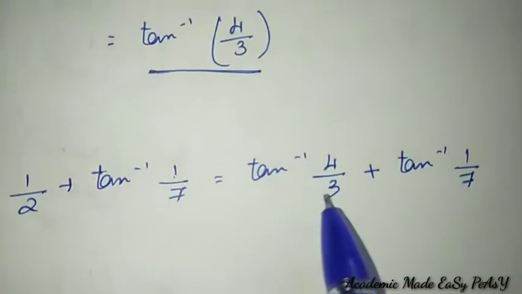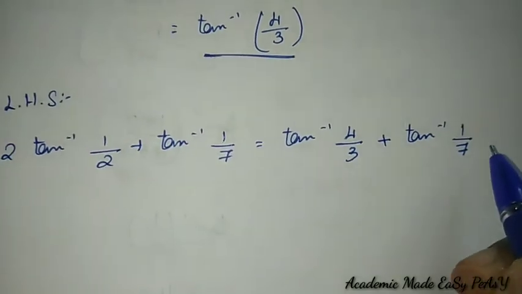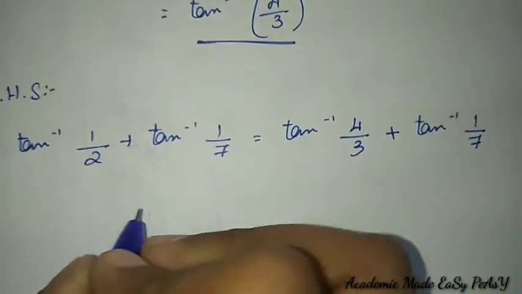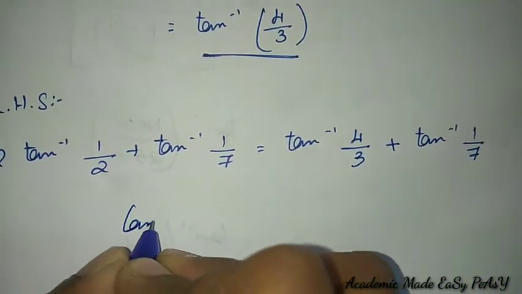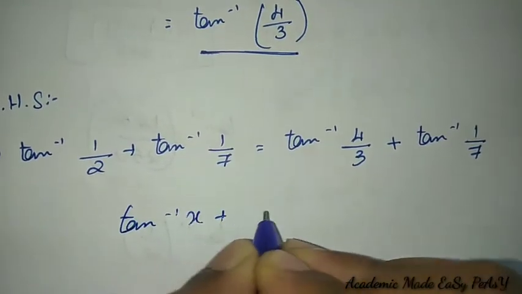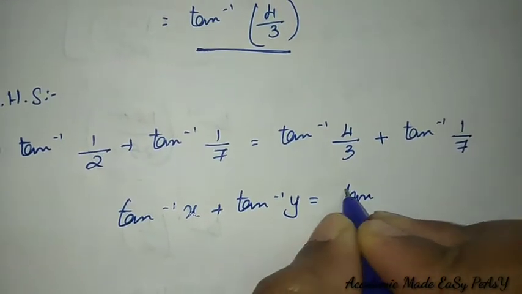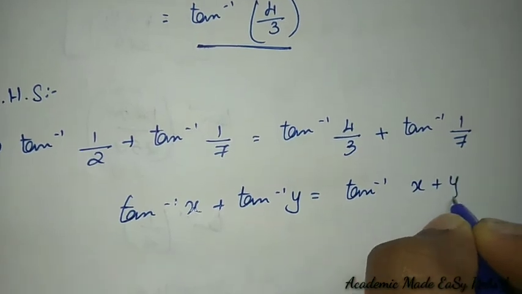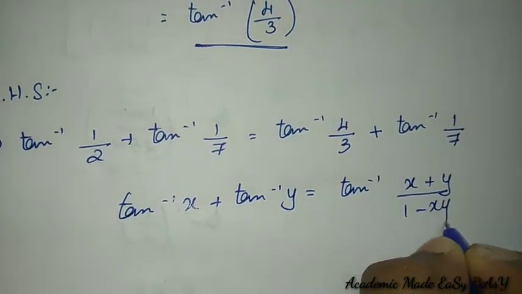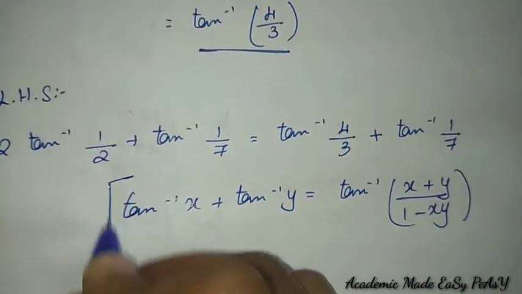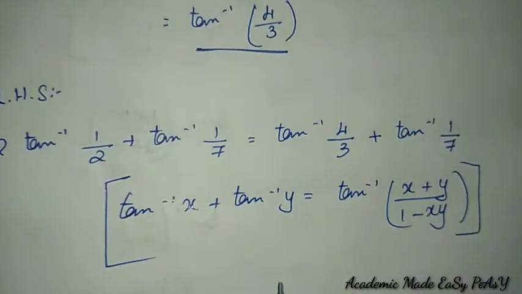So now this is of the form tan inverse x plus tan inverse y, no? So we will be applying that formula: tan inverse x plus tan inverse y is equal to tan inverse of (x + y) divided by (1 minus xy). So this is the formula that will be applied over here.